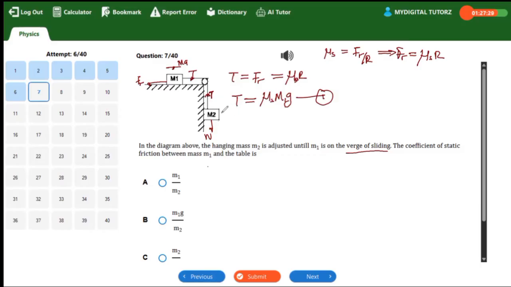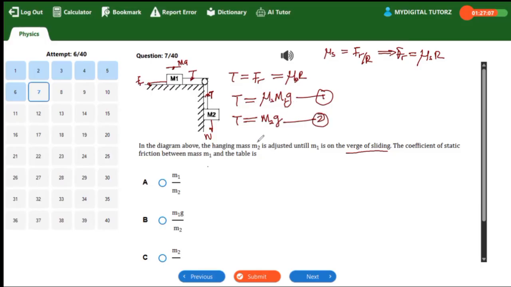It has not started moving. That is going to be the tension also, because it is the same rope. So tension is still T equal to mass 2 times acceleration due to gravity. That is equation 2.